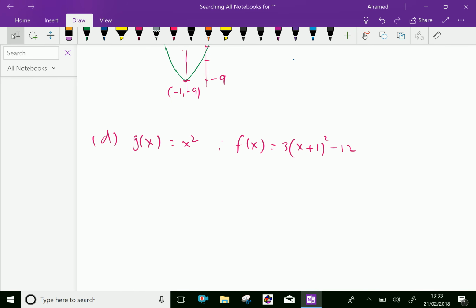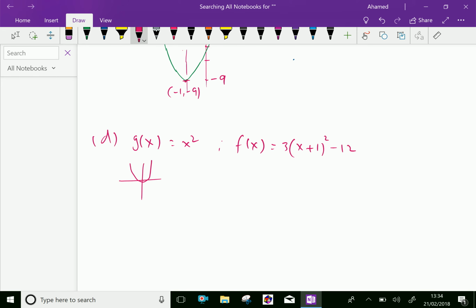So the parent graph is here already. The parent graph is here. So we have to stretch 3 units, and you have to come down for 12 units on the y-axis and go left for 1 unit on the x-axis.